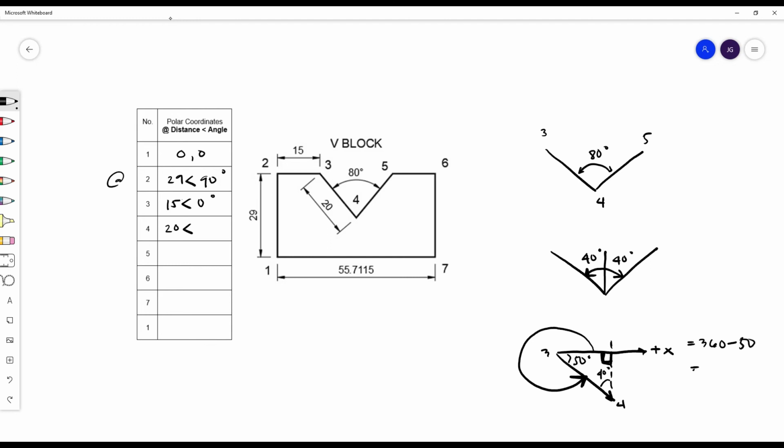So our angle is equivalent to 310 degrees, or we can say that our angle is also negative 50 degrees. Take note that you can use either the positive angle or the negative angle. So this is 310 degrees or negative 50 degrees.